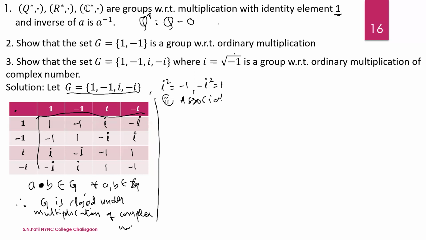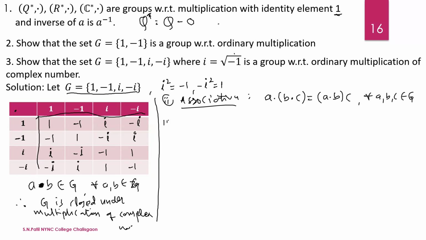So A into (B into C) is the same as (A into B) into C, for all elements, that is for all A, B, C in the set G. So that is the associativity. Take any three elements and verify. You will get the resultant in the set G for every element.